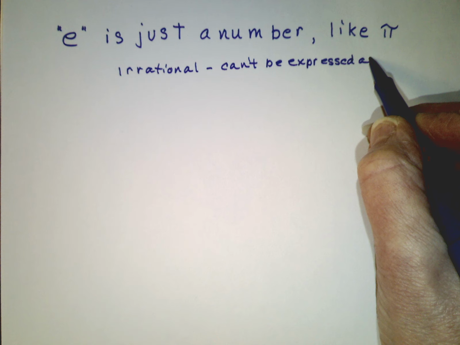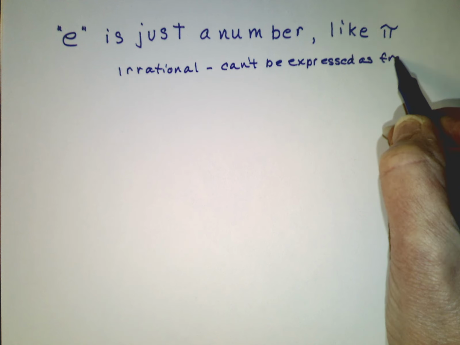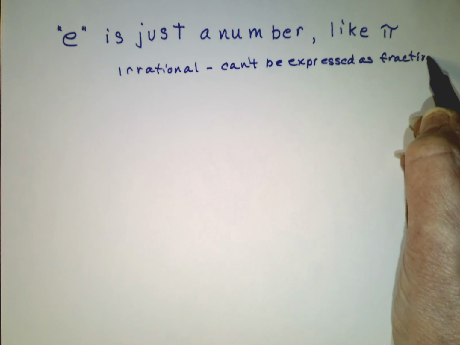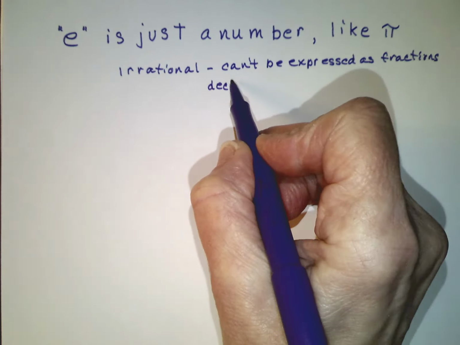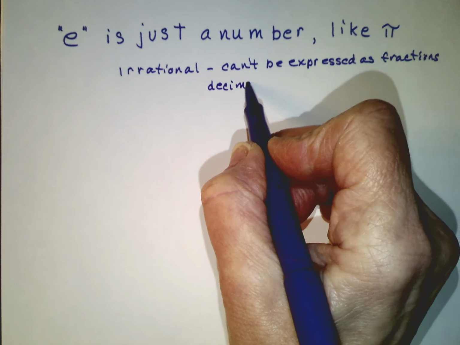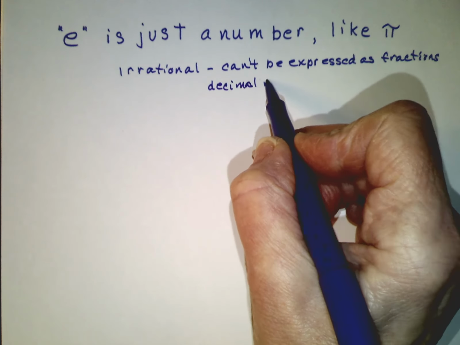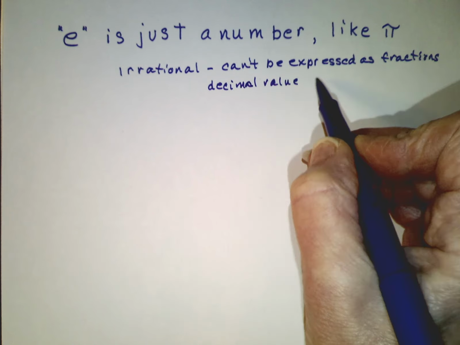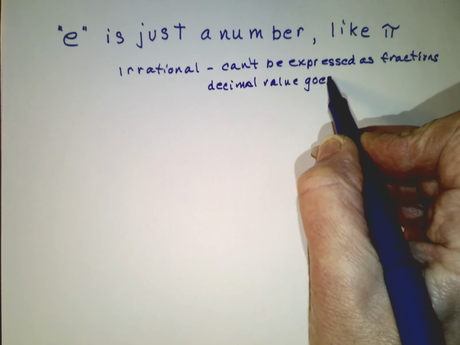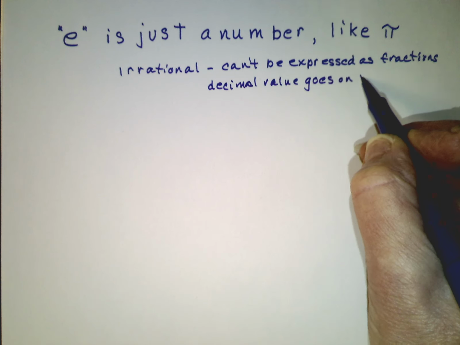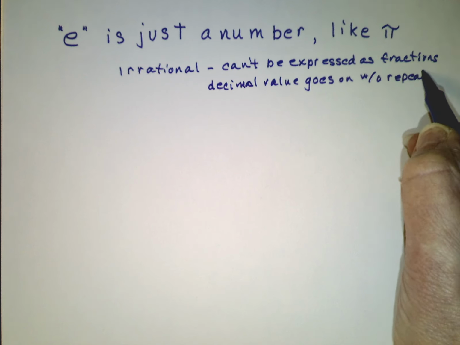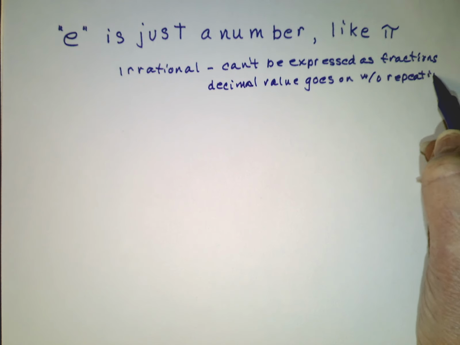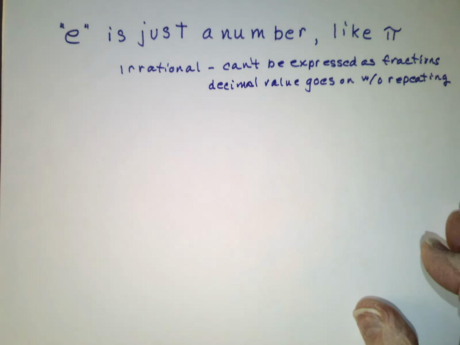And if you try to express them as decimals, well, the decimal value goes on forever and ever. Goes on and on without repeating. And you might get one number to repeat or even four numbers to repeat, but the whole thing doesn't repeat forever.